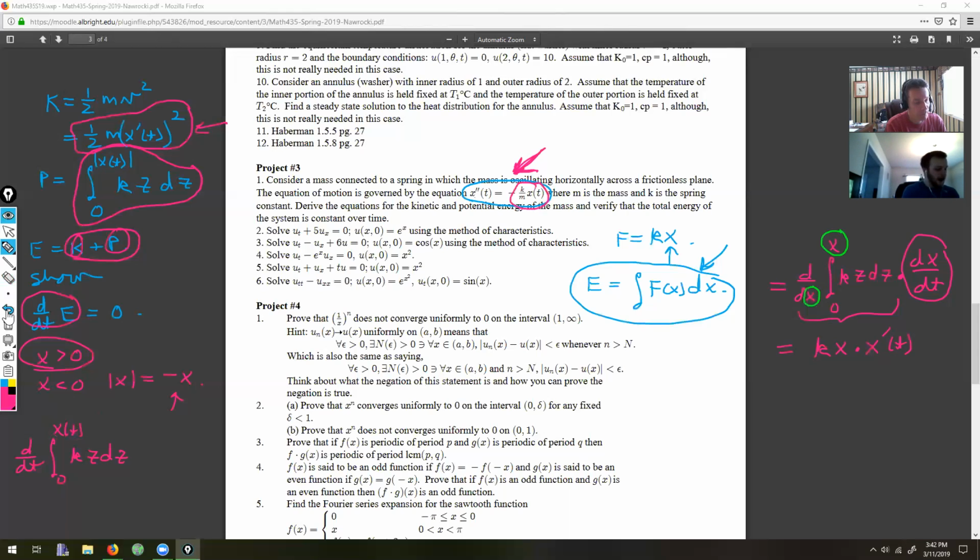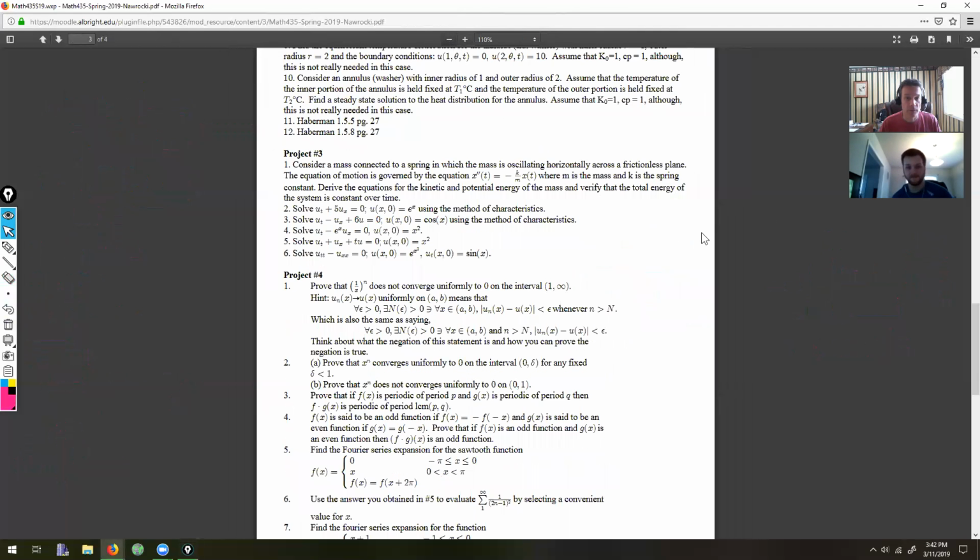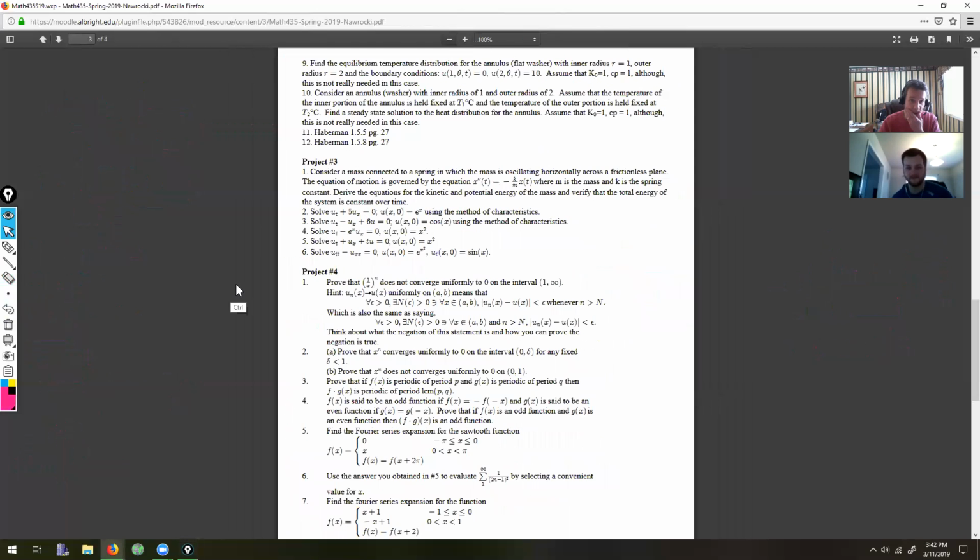That is very similar to one that we did in our notes, so let me clear all this out. For number 2, if you look back in your notes, we did a problem like this.